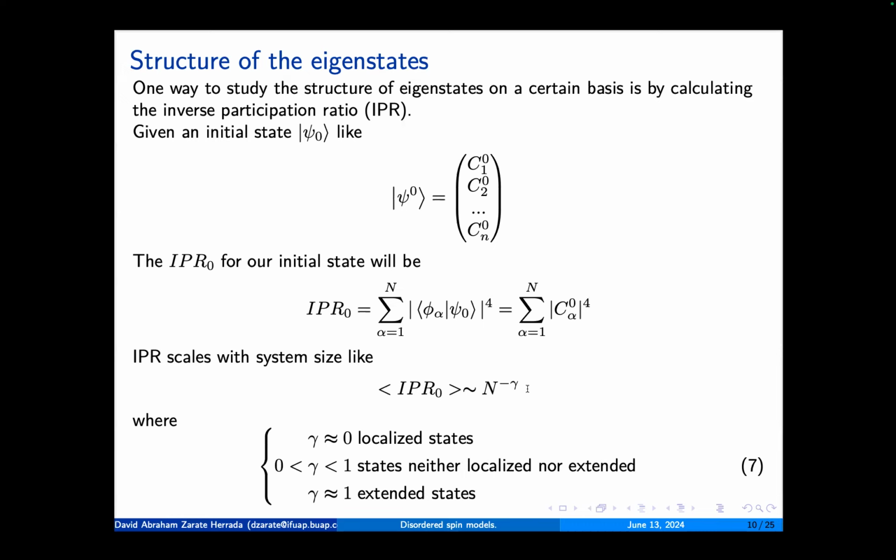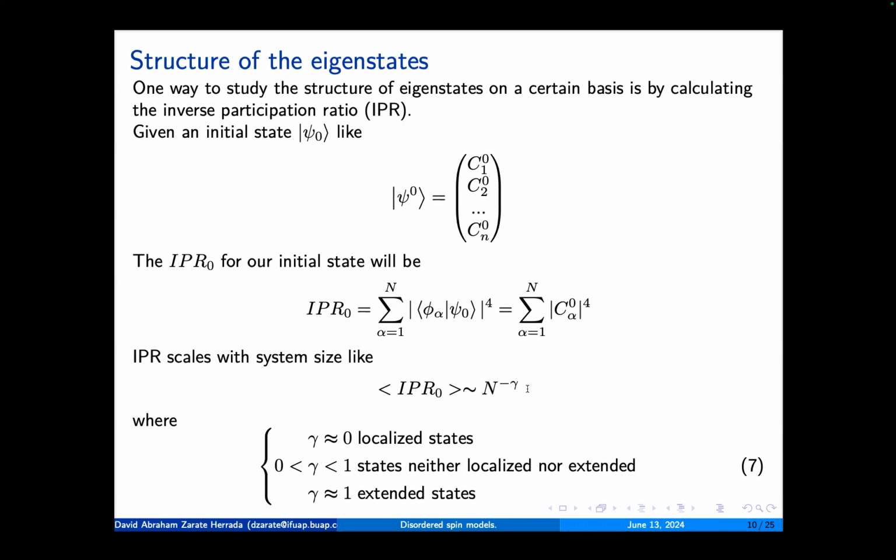And if gamma is very close to one, that means we have extended states. Why? Because the IPR measures the level of localization of the eigenstates on a certain basis.